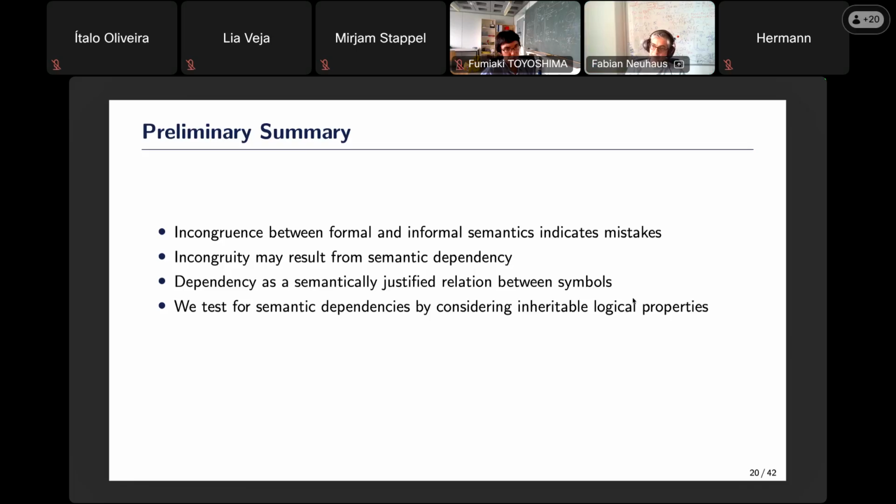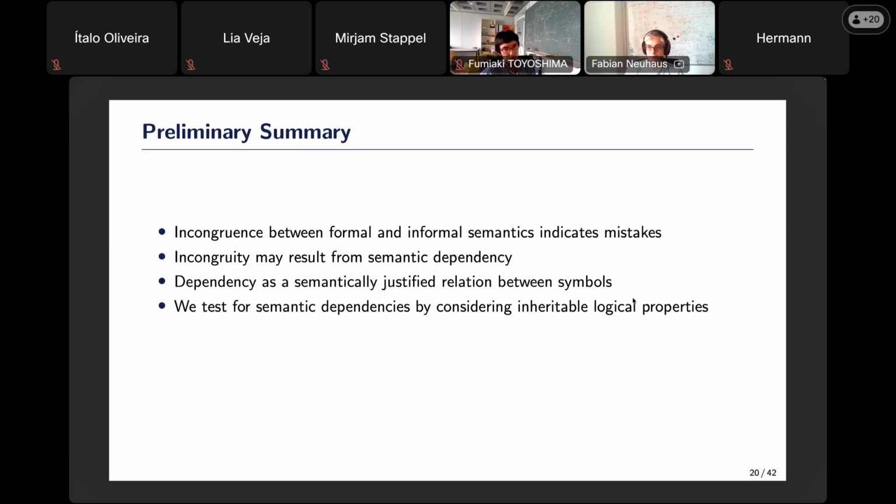This semantic dependency is a semantically justified relation between symbols, and the way we test these is by looking at properties which are inherited by the logical axioms in our ontology.